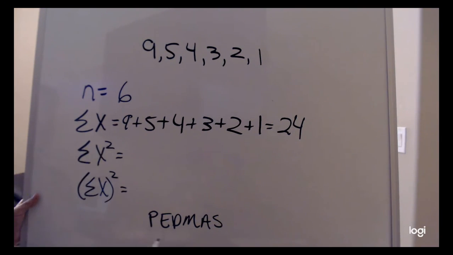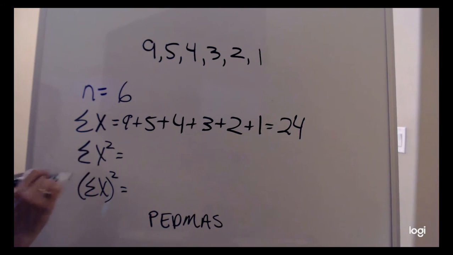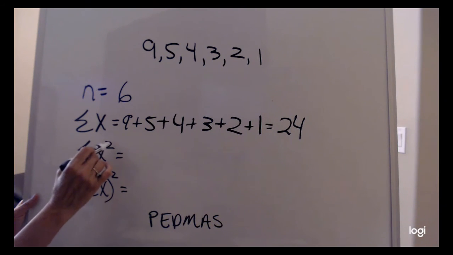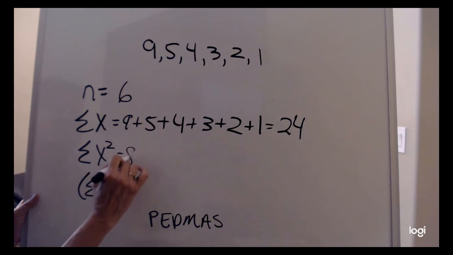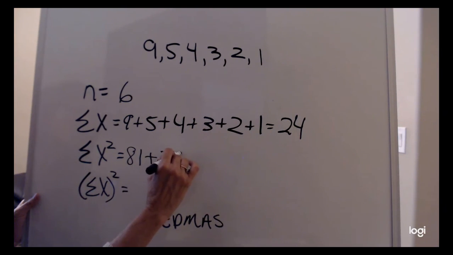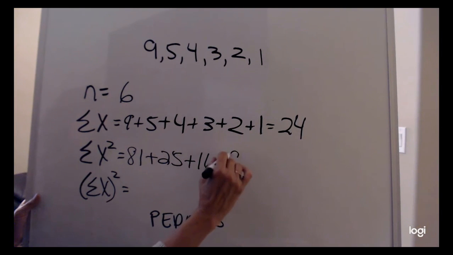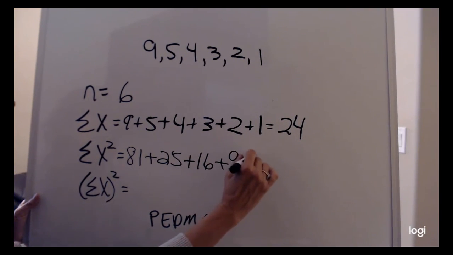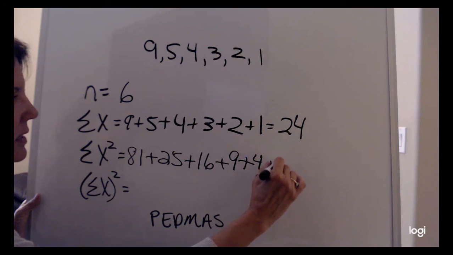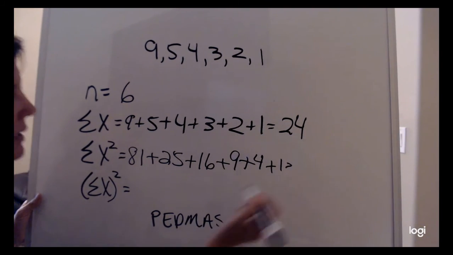Again, I do this first because I know that exponents are here and addition is way over here. We need to do the exponents before the addition. So I'm going to take each score and square it. So 9 times 9 is 81. 5 times 5 is 25. 4 times 4, or 4 squared, is 16. 3 squared is 9. 2 squared is 4. And 1 squared is 1. If I add all those up, I get 136.